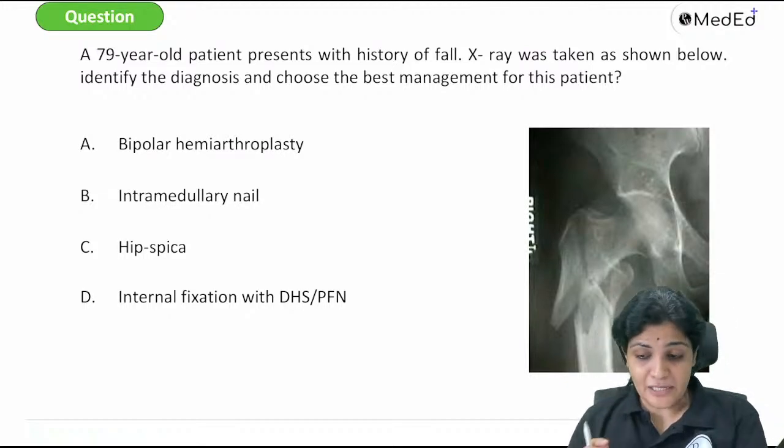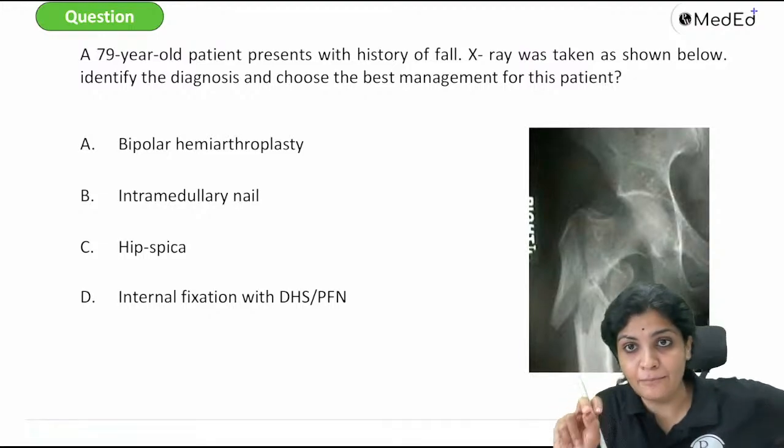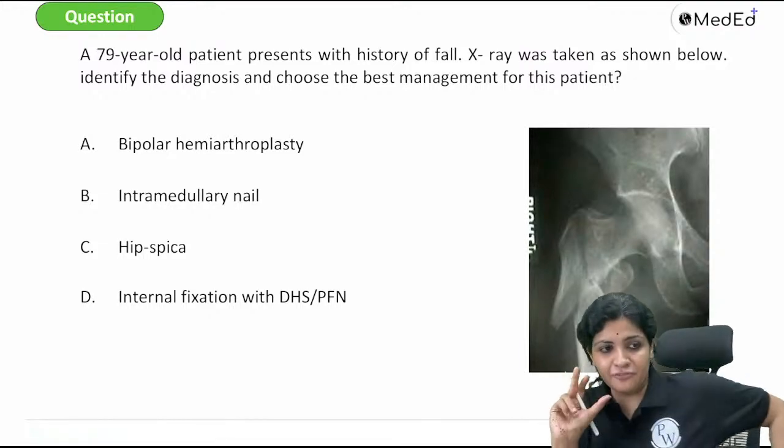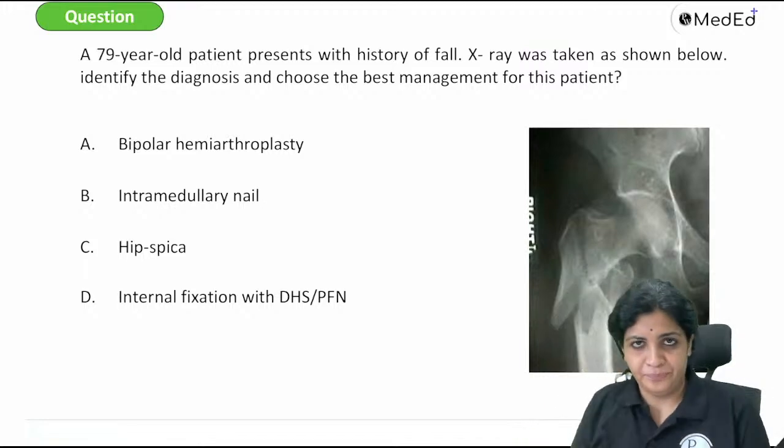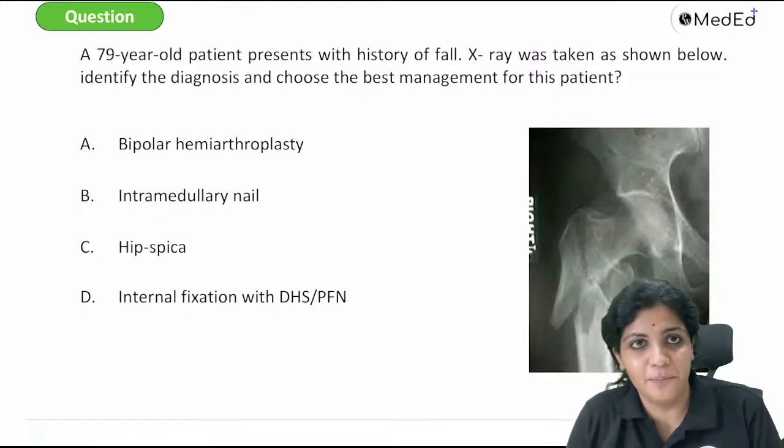Very, very important. It has been asked recently in NEET PG twice. The same question was put up in different forms.